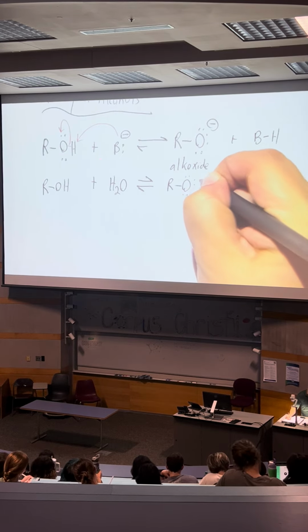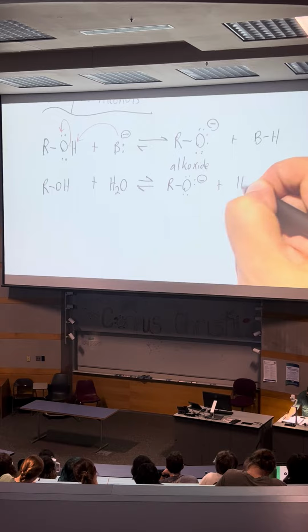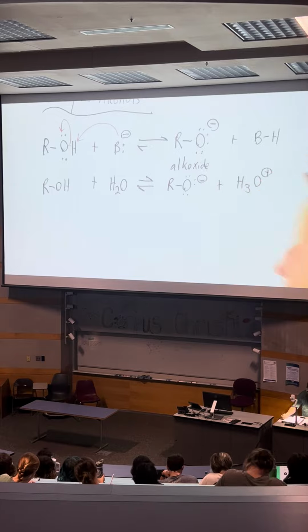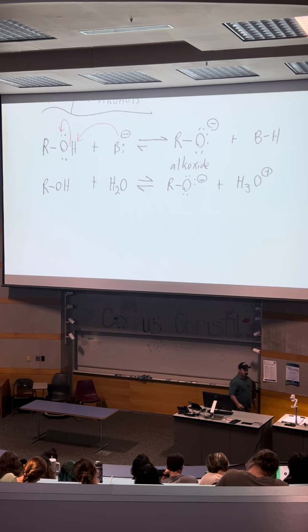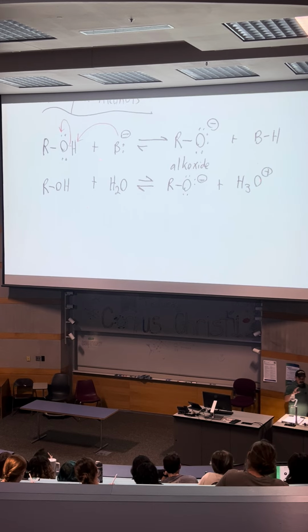That means that if we were to calculate the Ka for this process, you'd find roughly 50-50 of alkoxide versus alcohol versus water versus hydroxide. So again, this is kind of a short review of acids and bases.